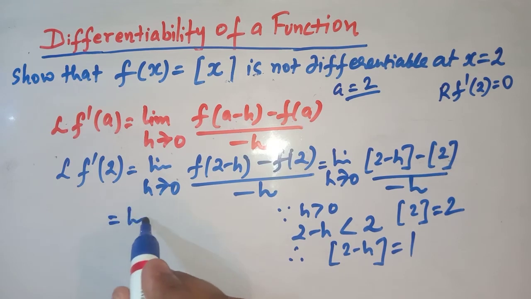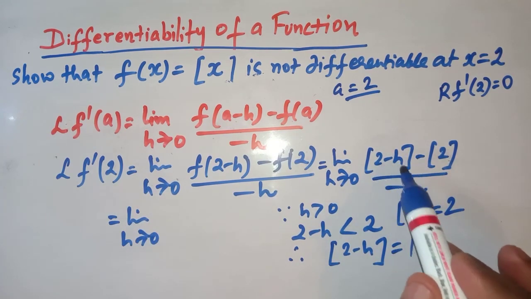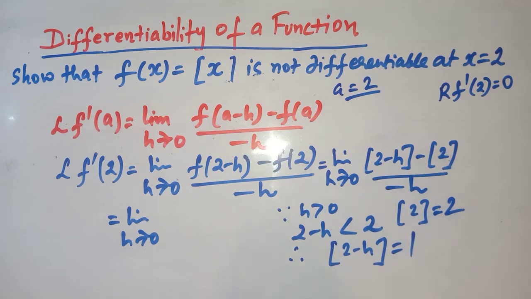So therefore this is limit h tends to 0. For the greatest integer of 2 minus h we write 1. Clear? Because the definition of the greatest integer function is the greatest integer less than or equal to this value, and the value of this function is 1. So this is 1, 1 minus f(2), which is 2, over minus h. Clear?